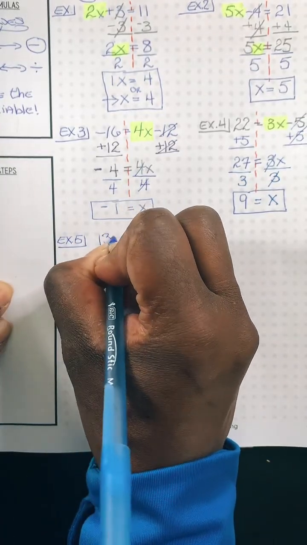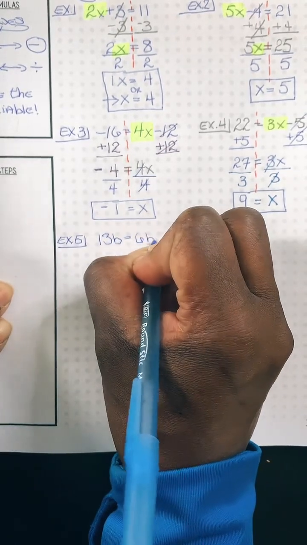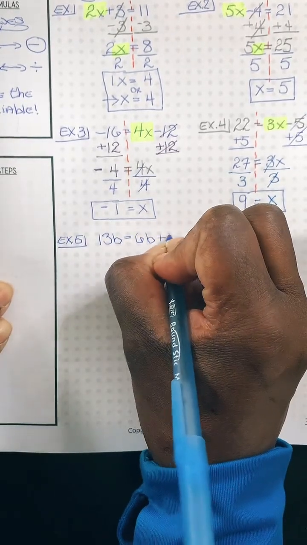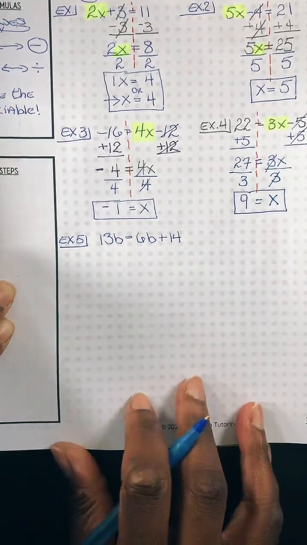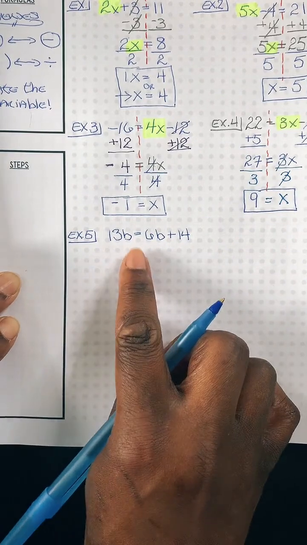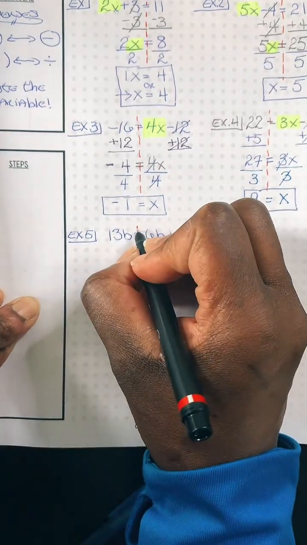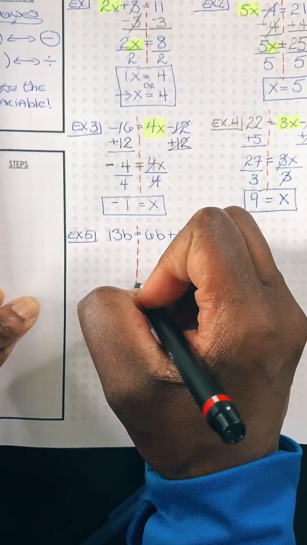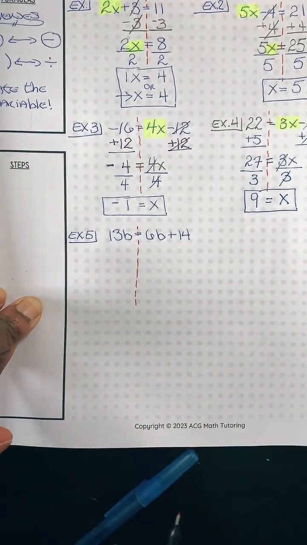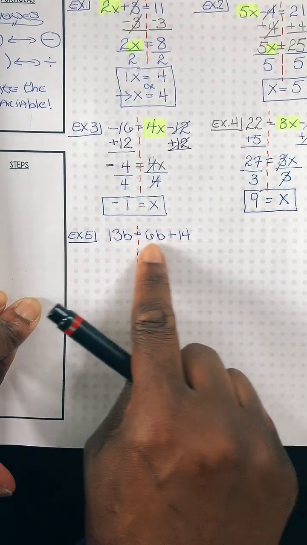So we have 13b is equal to 6b plus 14. All right, so we have our equal sign. We're going to drop that right down the middle. And now we're going to figure out what's different.